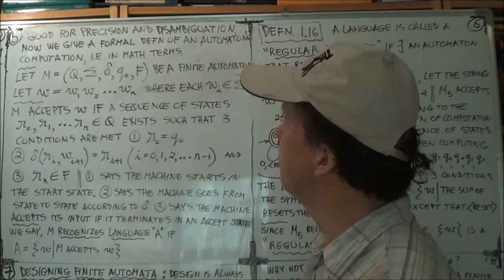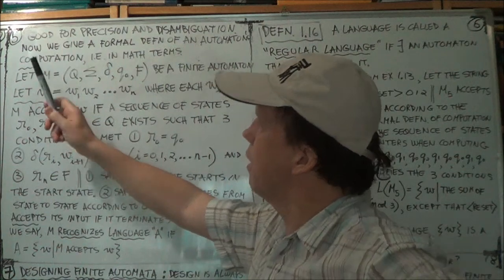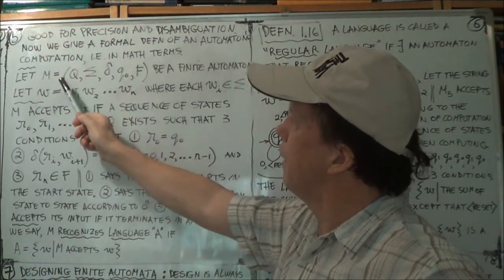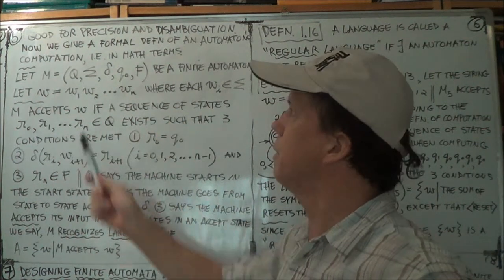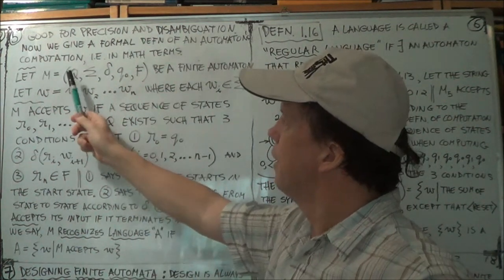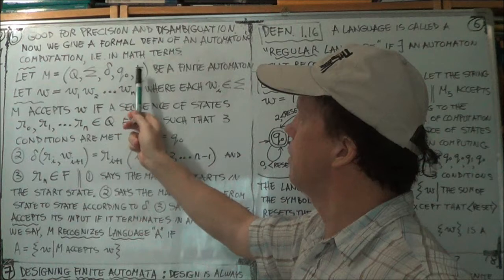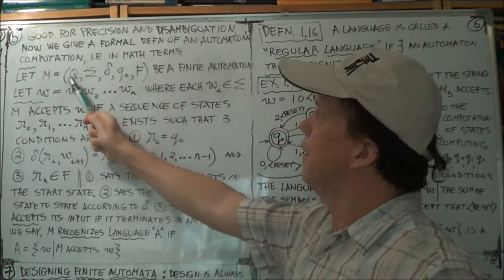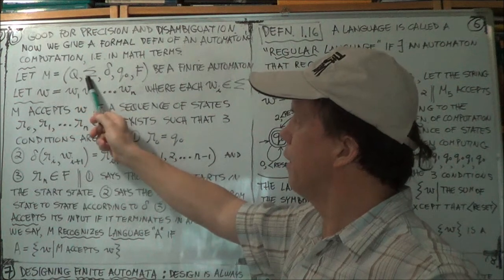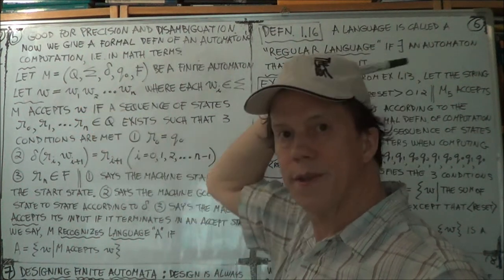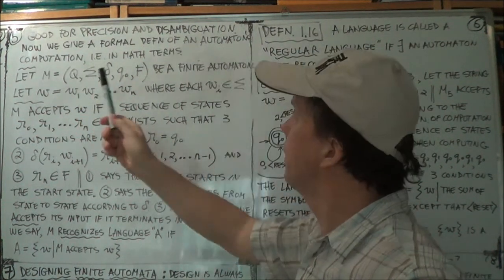So you have an automaton M, and it's a formal definition. You use the 5-tuple, the usual 5 things: capital Q, capital sigma, delta, q naught, and capital F. The set of states in your automaton, the alphabet, in other words, the allowed symbols in your input string.